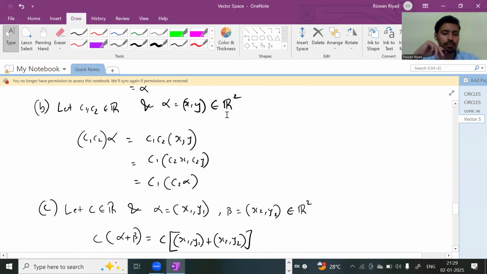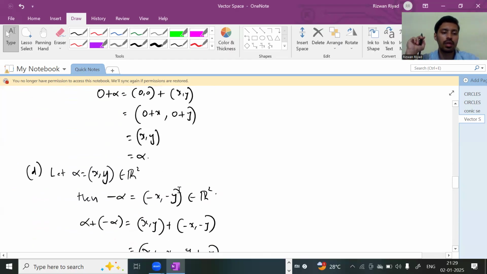See what is (C1 C2) into alpha. This can be written as (C1 C2) into (x, y). This C2 you can take inside, so C1 into (C2 x, C2 y). What is (C2 x, C2 y)? That is nothing but C2 alpha. So this can be written as C1 into (C2 alpha). So (C1 C2) alpha is C1 into (C2 alpha). That property is also satisfied here.